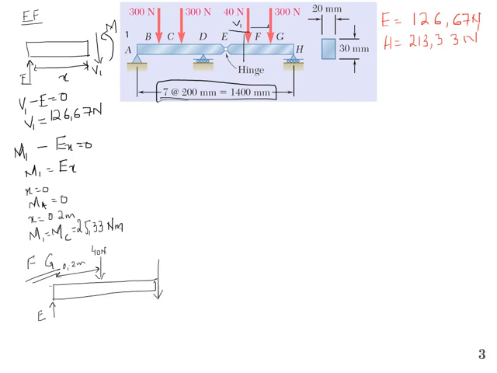Let me take V2 and M2, and obviously this distance will be x. So if you want to write the expression, V2 plus 40 minus E is equal to 0. Now if you put the value of E and the 40 Newton, V2 will be nothing but 86.67 Newton.